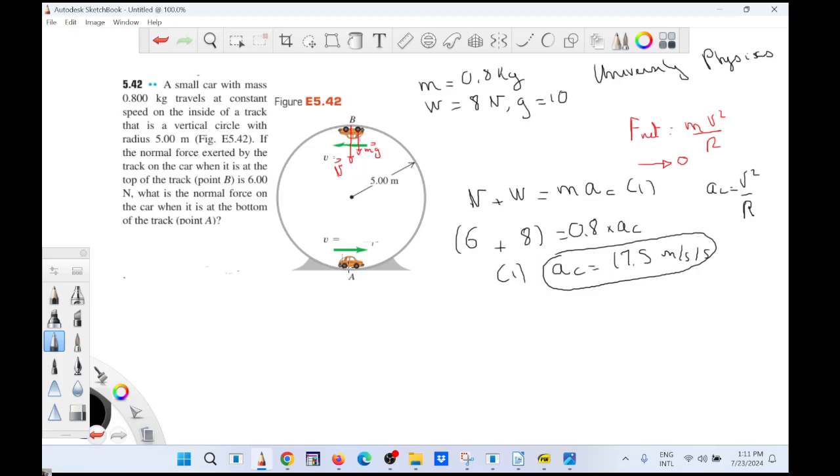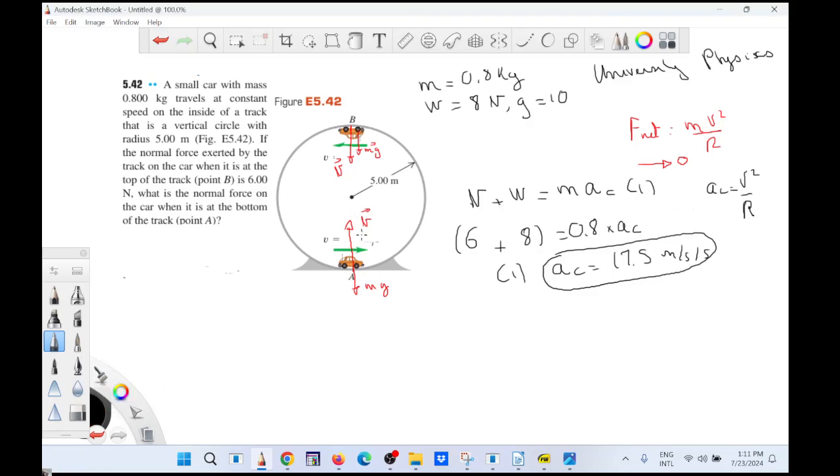Then they ask you what is the normal force at the bottom. So at the bottom, you see, still the normal force always goes from the track or the surface to the system. So N is going to be here. But it has to be larger than the weight. The weight is down. Okay, because it has to provide the centripetal acceleration.